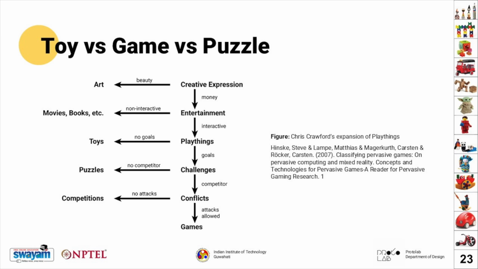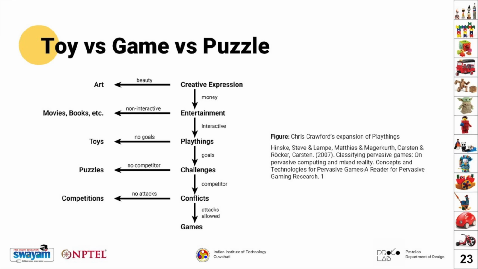If there is a goal but no opponent, it becomes a puzzle. Your job is simply to find the solution. If there is a goal and an opponent, it becomes a conflict. But there are two types of conflict.